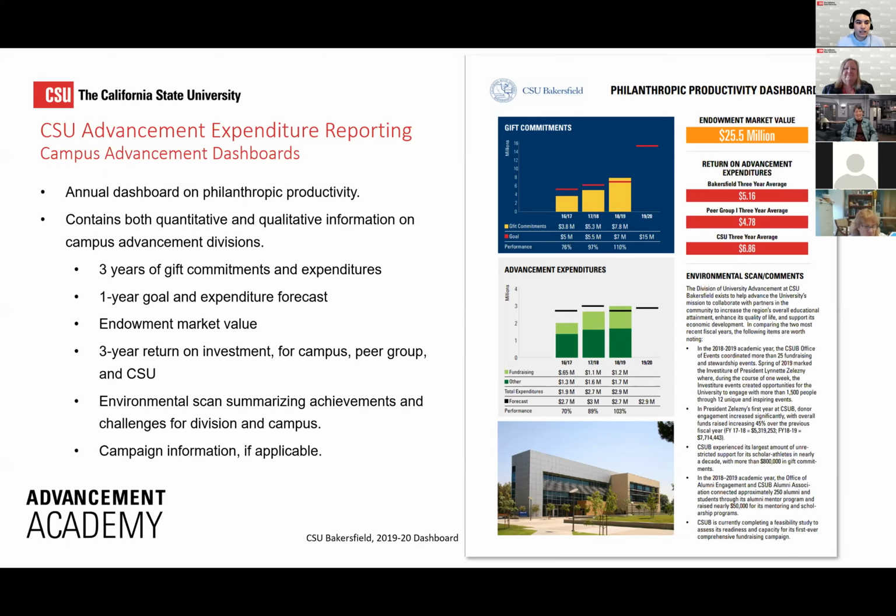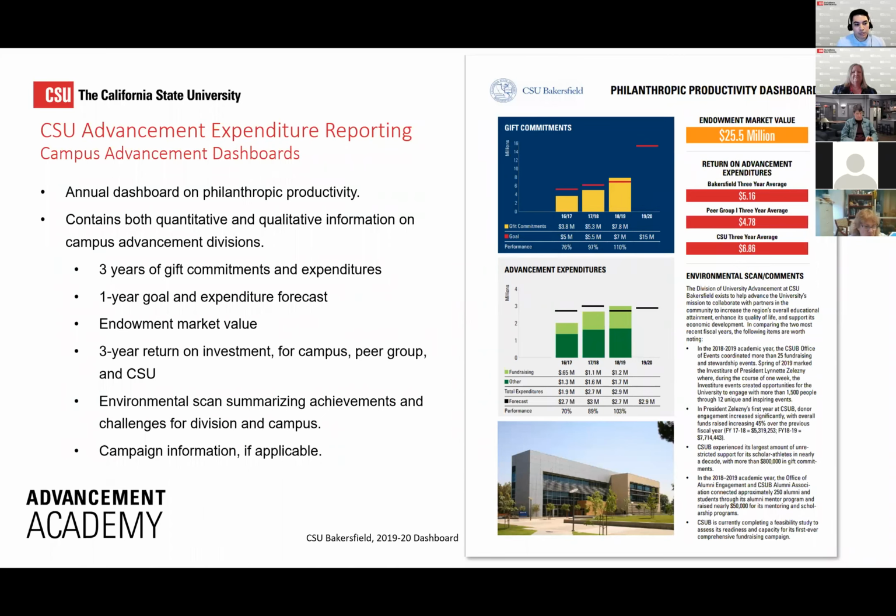And you can see that on these reports, we keep a 3-year running total of gift commitments compared to some goals that get provided by the campus. And also we track advancement expenditures, again 3 years, against some kind of forecasts of what we think a division's going to spend for that year.